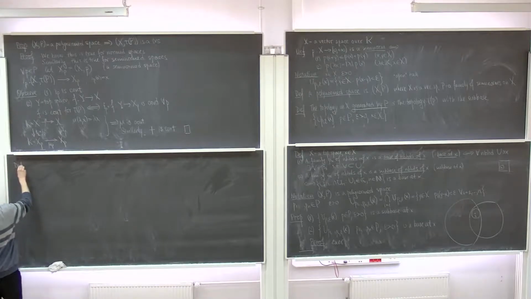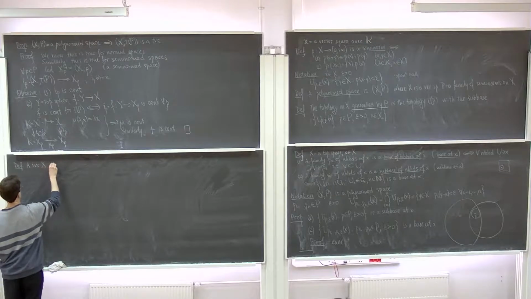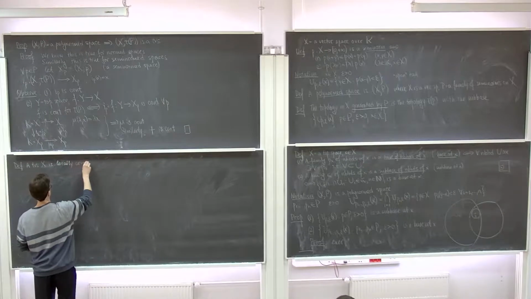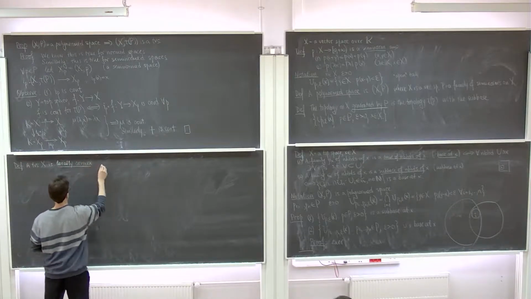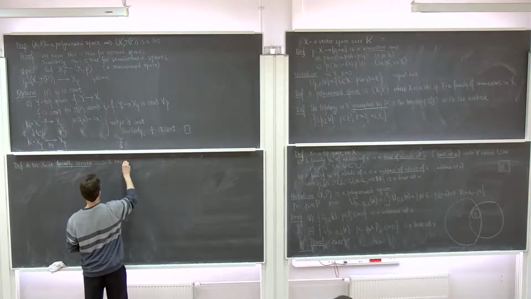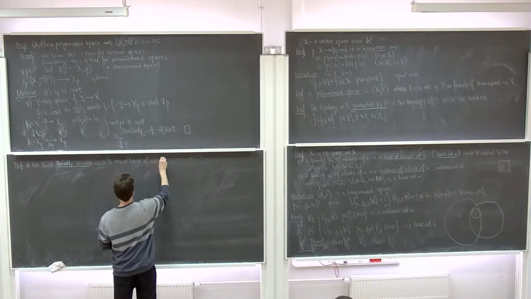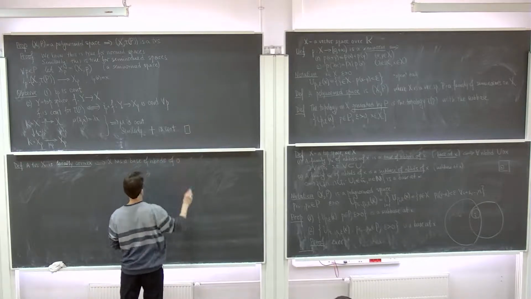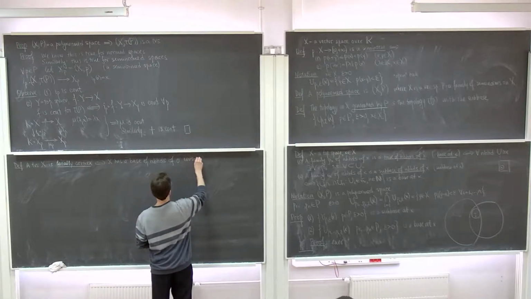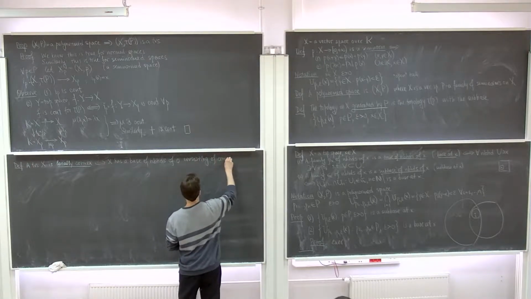We say that a topological vector space X is locally convex if X has a base of neighborhoods of 0 consisting of convex sets.